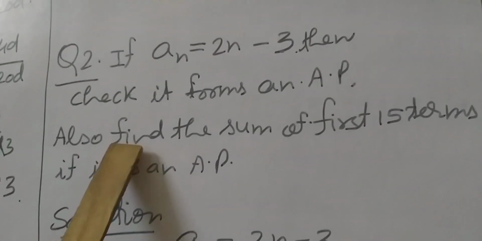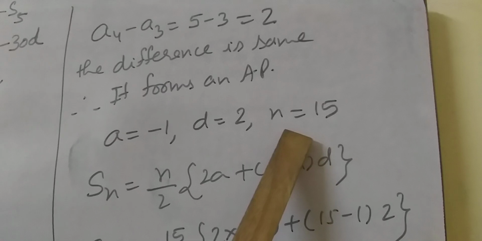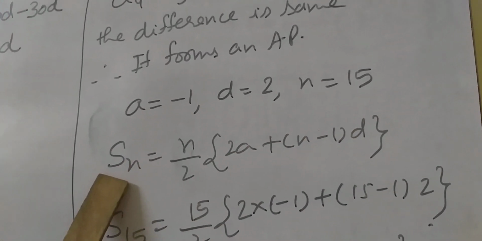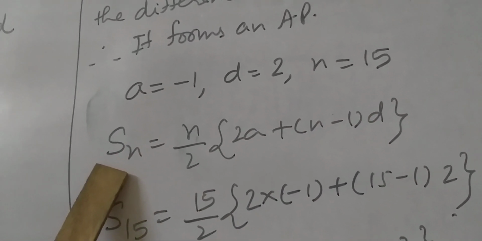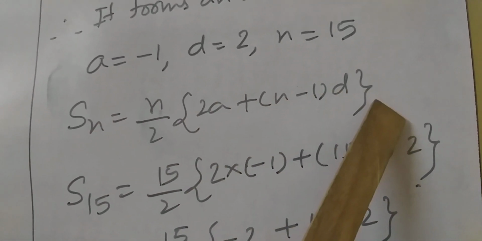Now students, we have to find out the sum of first 15 terms. A equals minus 1, d equals 2 and n equals 15. We use the Sn formula because we have to find the sum here. Sn equals n upon 2 into 2a plus n minus 1 d.